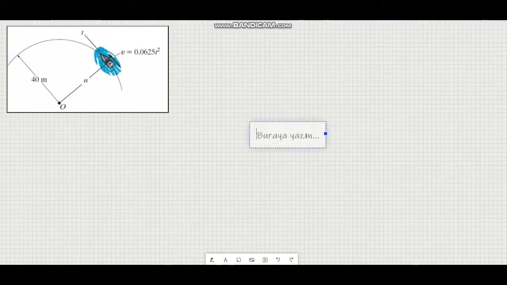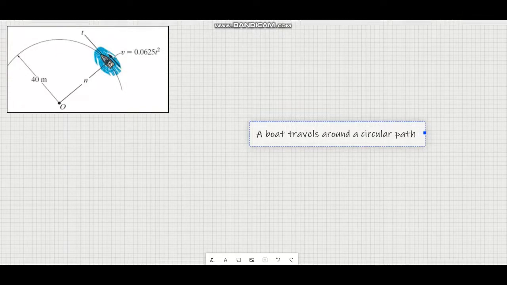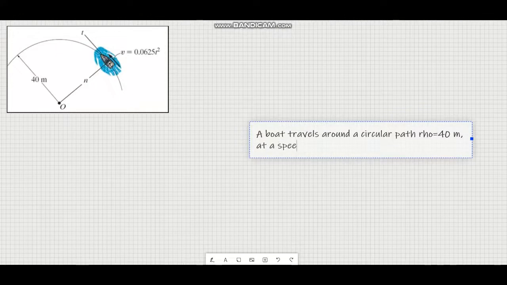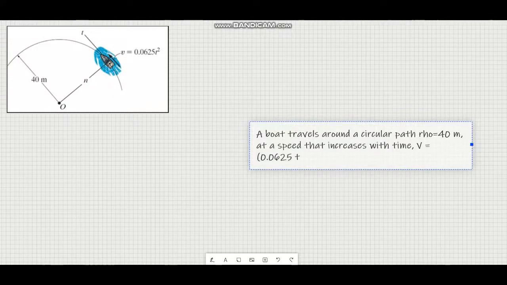Alright, for the first example, let's write our question. A boat travels around a circular path, which has a radius of curvature rho equal to 40 meters, at a speed that increases with time, and v is equal to 0.0625 t square, which is the velocity function.